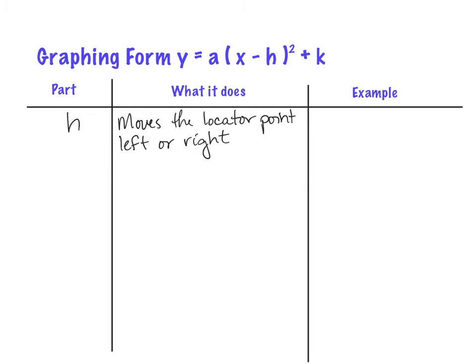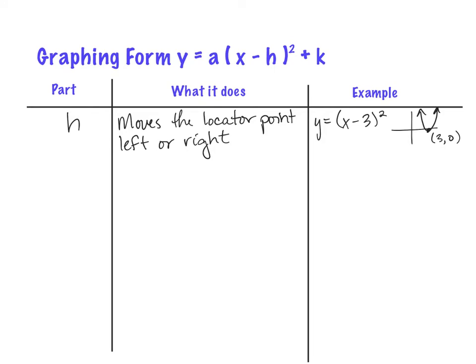So for example, if I have y equals x minus 3 squared, that would move the parabola 3 to the right. So that would be the point 3, 0.